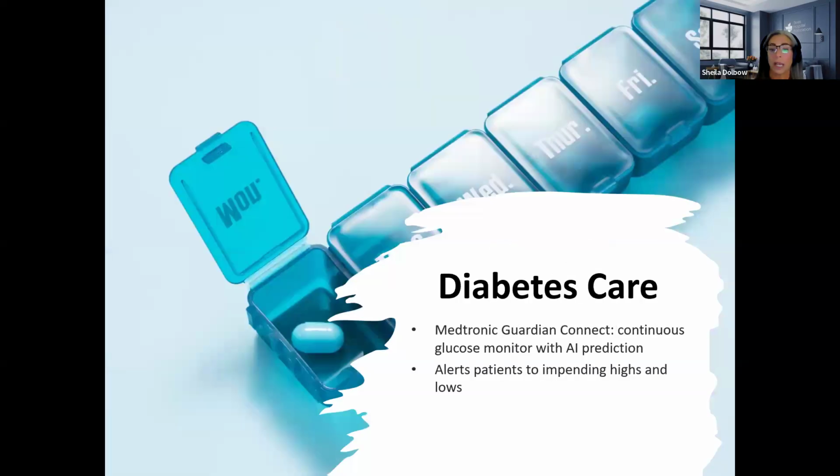When we look at diabetes care, we have continuous glucose monitors now with AI prediction abilities to where they can actually monitor that patient for a period of time, learn from that patient's data, and be able to predict when a patient may be headed towards a really elevated glucose level or a really low glucose level. And this is huge. You hear of service dogs that are being utilized for this.